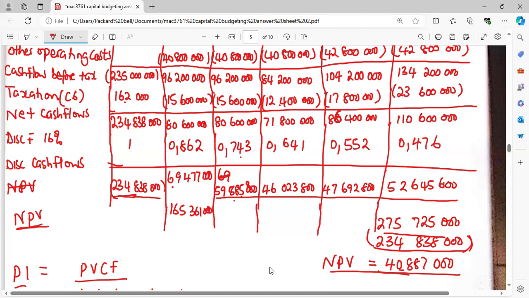So it's going to be 165,361,000 minus 59,885,800. So here we're going to have 105,475,200.